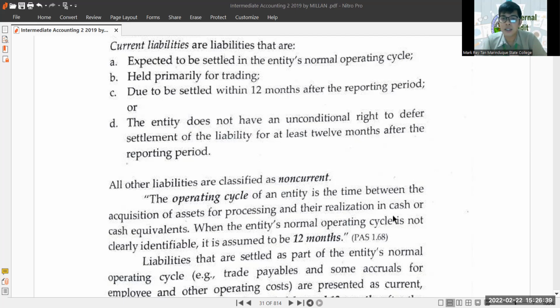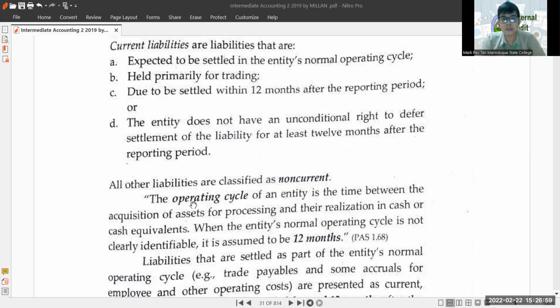Kasi 'di ba ang business cycle lang naman yan is bibili siya ng merchandise inventory, merong cash si entity, gagamitin niya yung cash na yon pangbili ng merchandise inventory. Then since that entity is a merchandising business, ang ginagawa lang yan is to buy and sell the product.